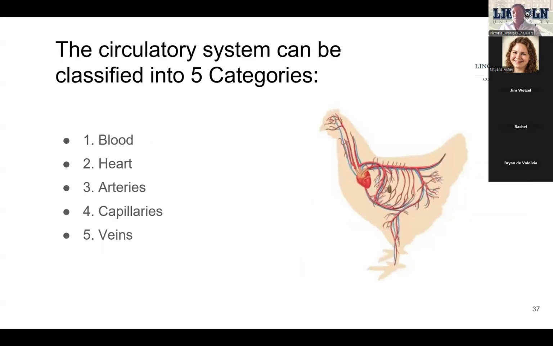The circulatory system, this is also very important, and similar to mammals, we have various key organs, the heart, the arteries, the veins, and the avian heart has 4 major chambers, the atrium and ventricles, both the right side and the left side.